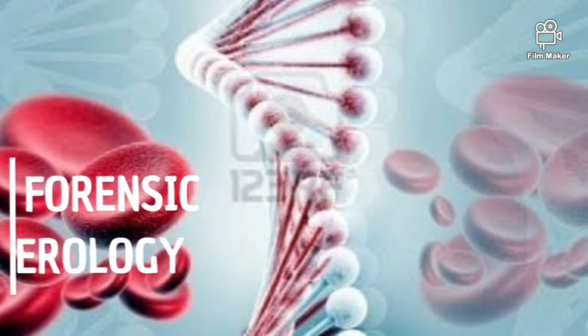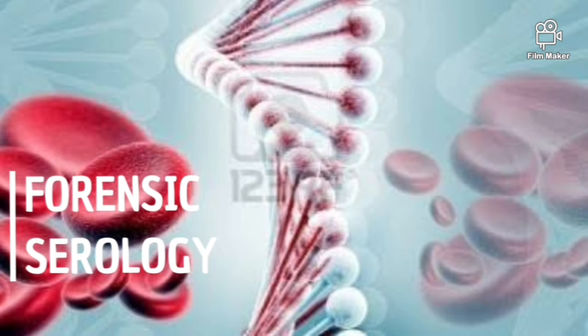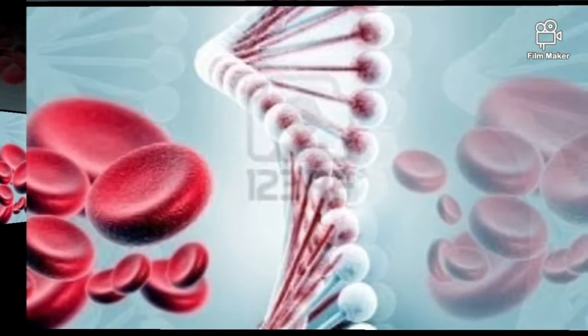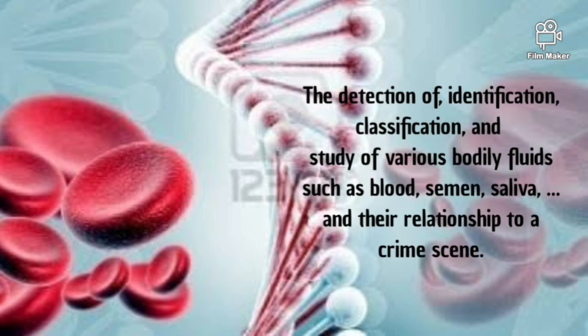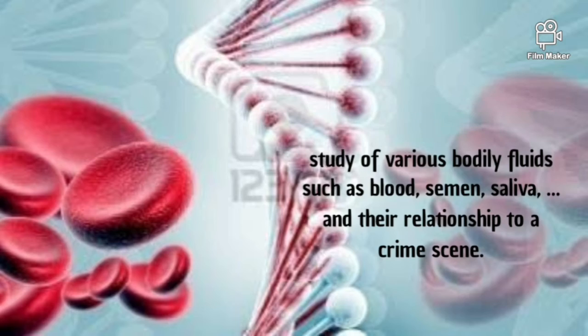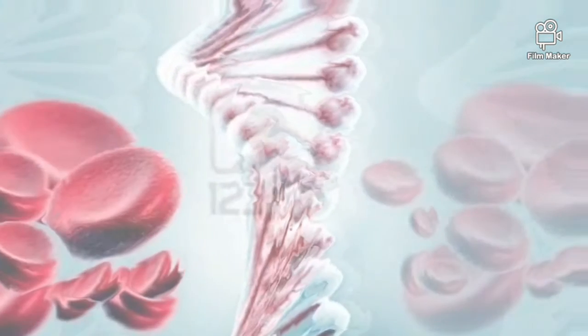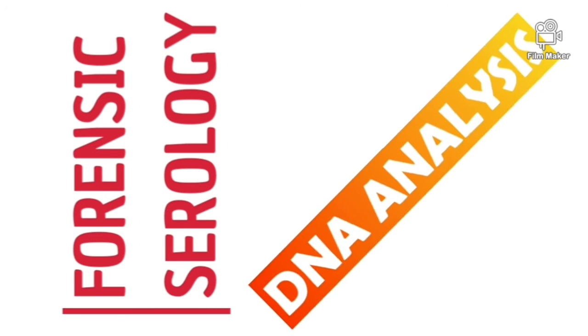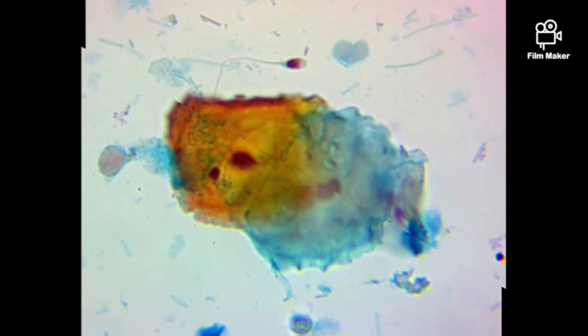Fifth is forensic serology. Forensic serology is the detection, identification, classification, and study of various bodily fluids such as blood, semen, and saliva, and their relationship to a crime scene. Forensic serology and DNA analysis are closely aligned sciences, often dealing with the same evidentiary samples which are handled by the same forensic teams.